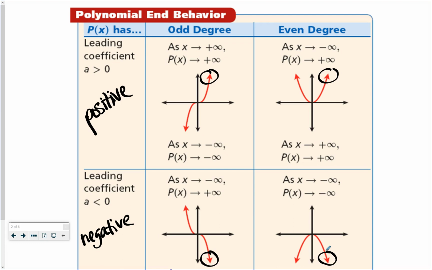All right. So if it's an even degree and I have a positive leading coefficient, I know both of my ends will go in the positive direction. If it's even with a negative leading coefficient, both of my ends will go in the negative direction. Okay? It doesn't matter how many turns happen in the middle.